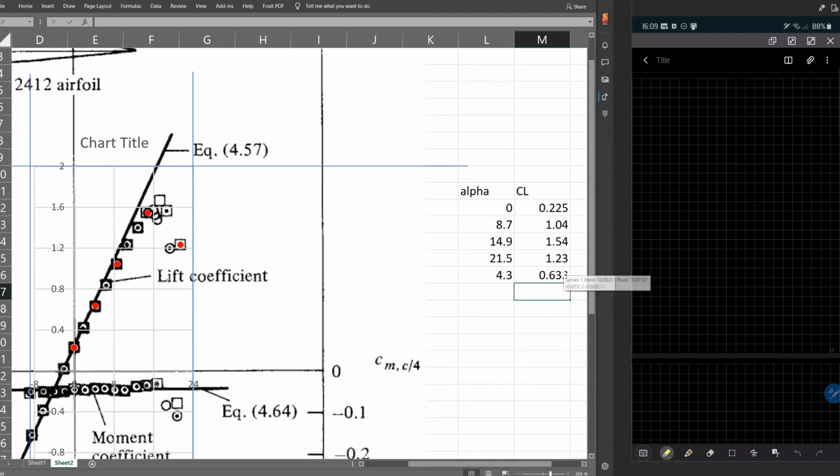And you can see that precision can be quite good. Oh, maybe 0.63. Okay, it's better. Precision can be quite good, but the quality of the data from the book is not perfect. For example, I'm quite sure that this angle here should be 0, right? 0 angle of attack, and this step is 2 degrees.